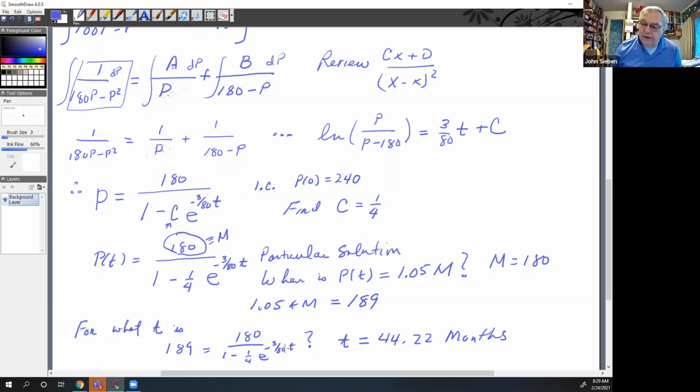And of course, you get that by just solving this equation for t. You're going to get e to the negative 3 over 80 t is equal to something, and then you'd take logarithms to get the t out of the exponent. And again, that's just algebra, but t is equal to 44.22 months.